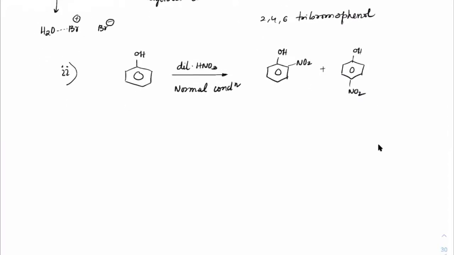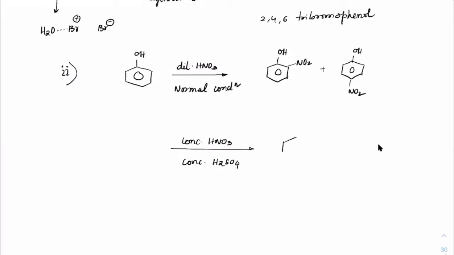But if it is in a rigorous condition, that is, when we take concentrated HNO3 in concentrated H2SO4, this would have very much NO2 plus nitrating. This is a strong nitrating agent, so it will have a high concentration of NO2 plus.